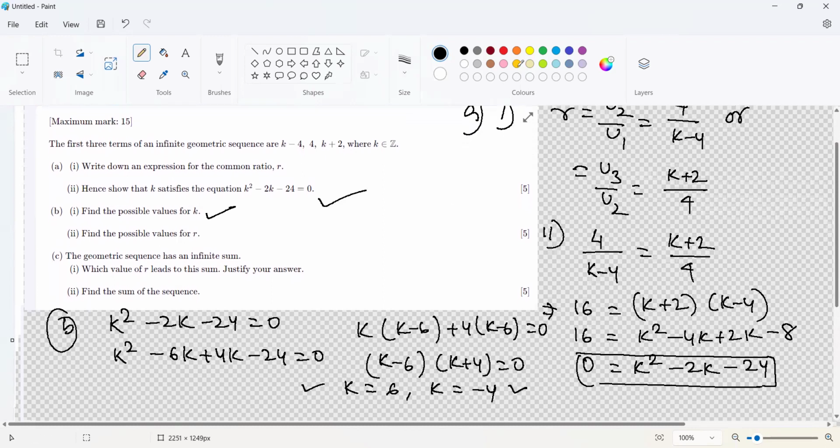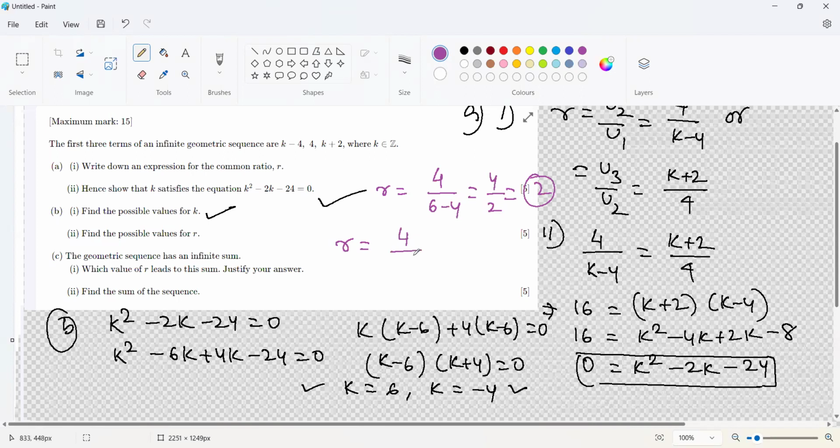Are you getting this? So what are the possible R values? We have the two possible R values, one for minus 4, other for 6. So the R value would be, let's take one of the expression, 4 upon k minus 4. So k value is 6, so 6 minus 4, it will be 4 upon 2, which results into 2.